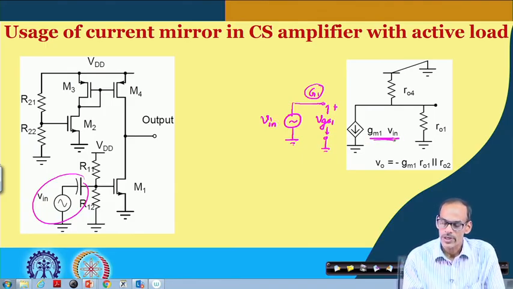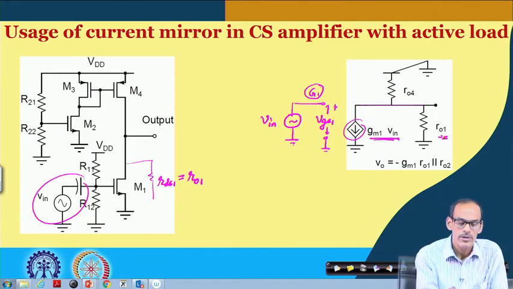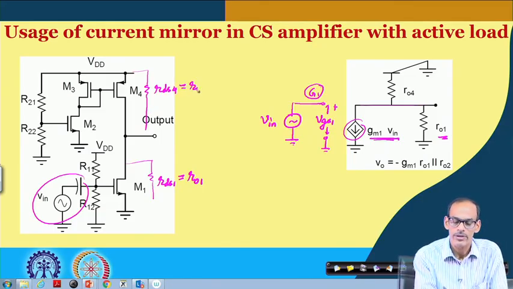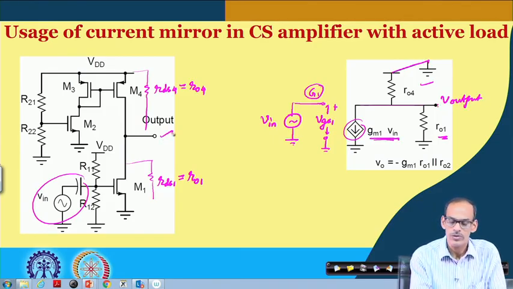So, we can see the voltage dependent current source, GM 1 into V in, and at the output side we do have RDS 1, which we are now denoting by RO 1. Likewise, we do have RDS 4, which we are denoting by RO 4. This is of course AC ground, and the output signal is coming at this node.